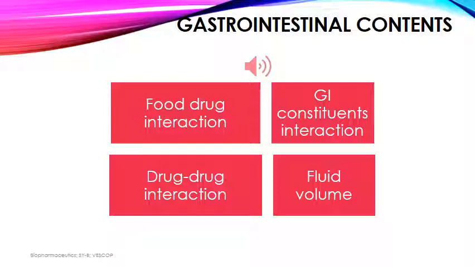As a result of their interaction, they form non-absorbable complexes. This results in irregular absorption. An example is streptomycin. Streptomycin binds to the mucin in substantial amount. As a result, its absorption is decreased.